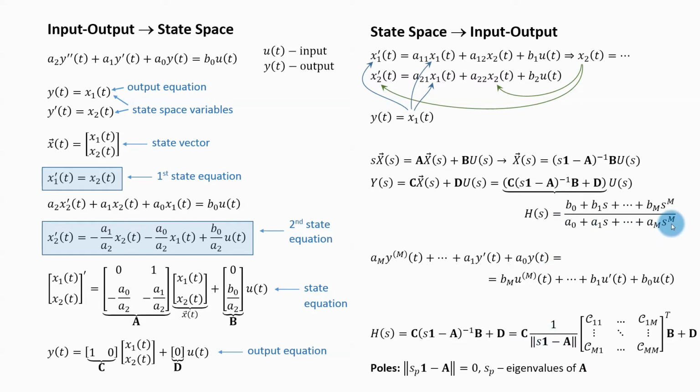Consequently, the poles will be given as the values of s for which this denominator is 0. Therefore, the poles will be at the values of s where this determinant is 0. And those values of s we call the eigenvalues of matrix A. So the poles of the system will be given by the eigenvalues of the system matrix A, and the system will be stable if these eigenvalues have negative real part.